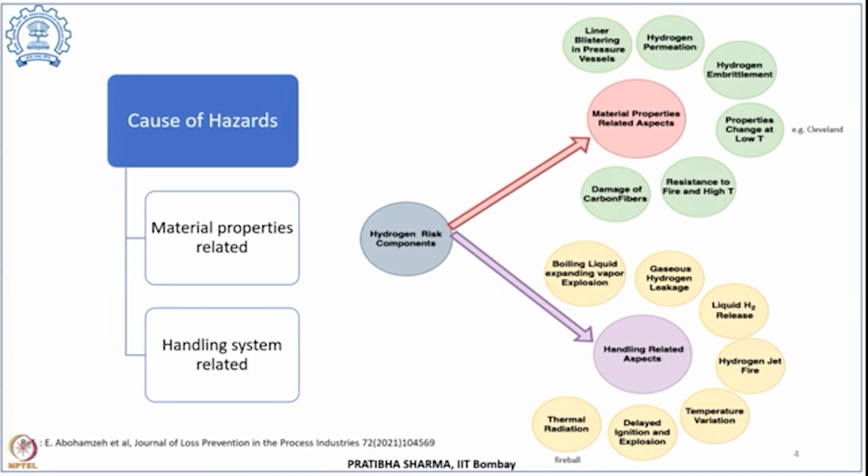Such an accident related to hydrogen embrittlement with low temperature occurred in Cleveland in the US, where an LNG vessel ruptured and spilled its content, and the process started as a domino effect.